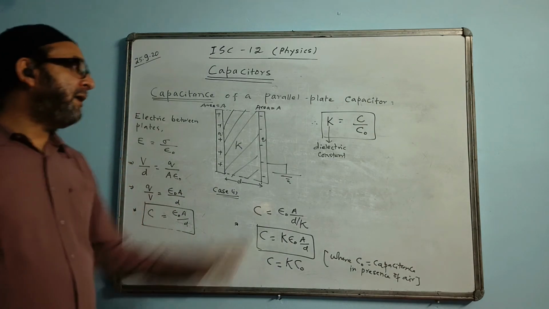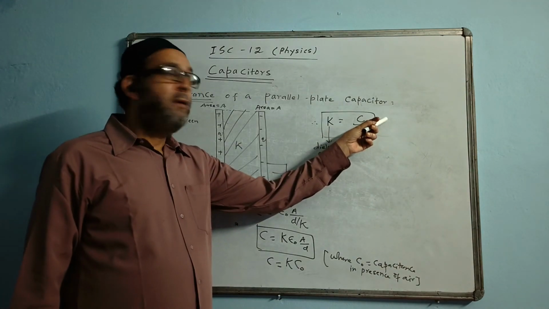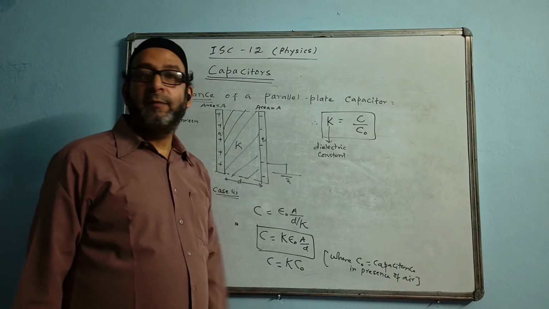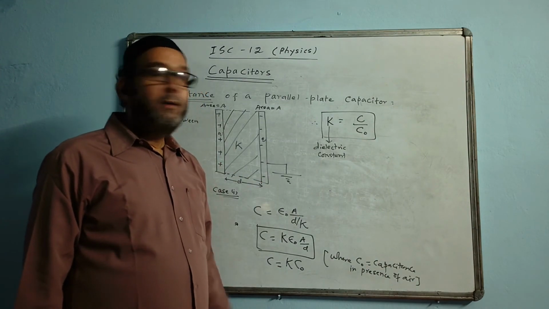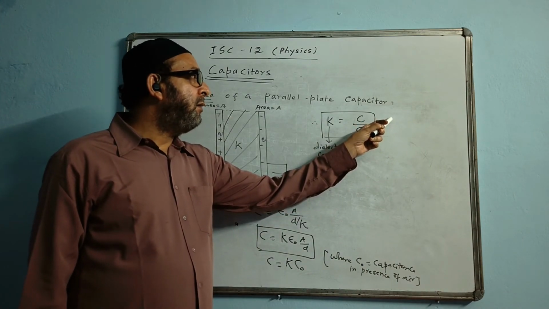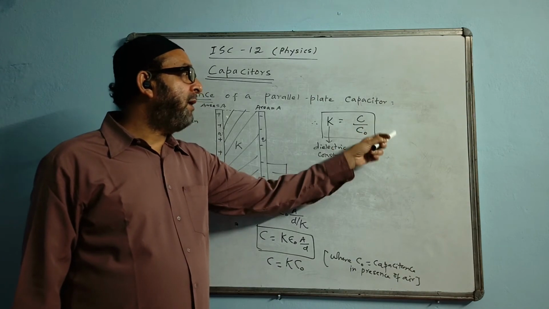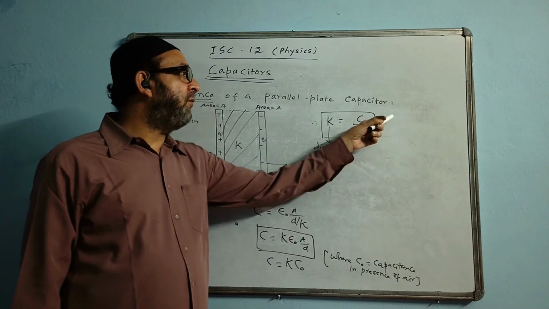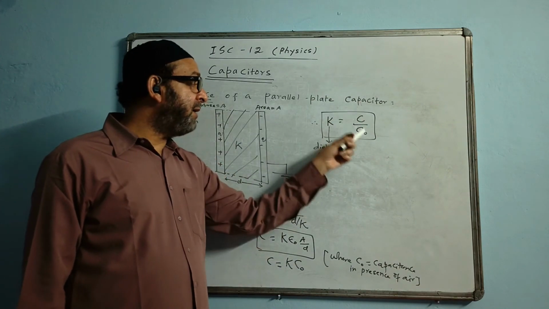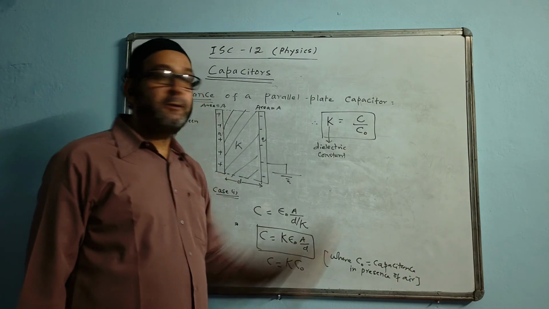Force wise, we can write K is equal to F naught by F, as I have written there. Electric field wise, E naught by E. Potential wise, V naught by V. But capacitance was C by C naught. C naught means free space.